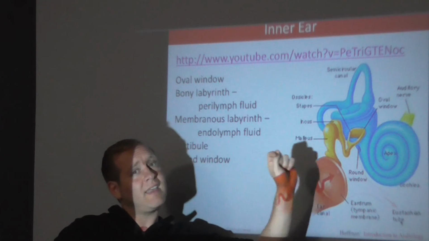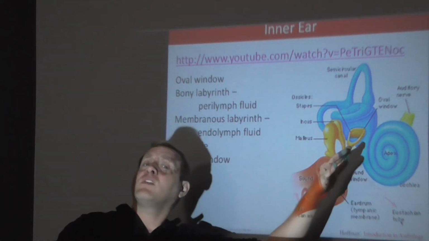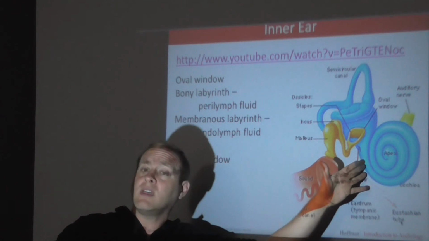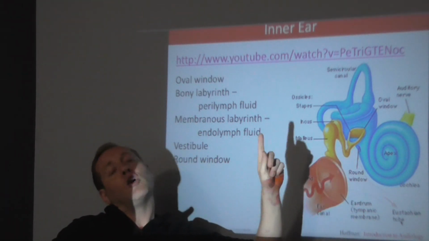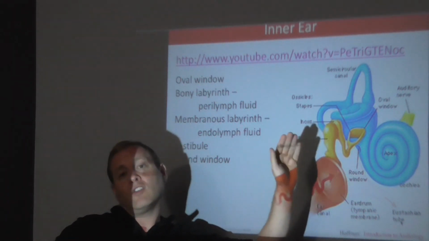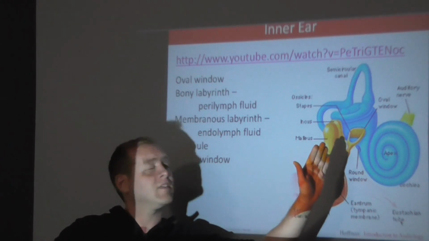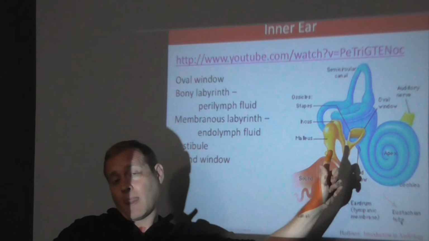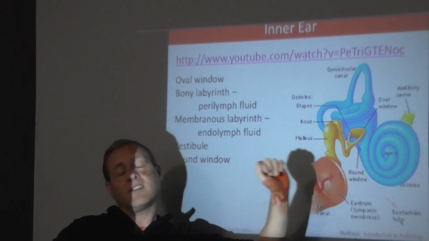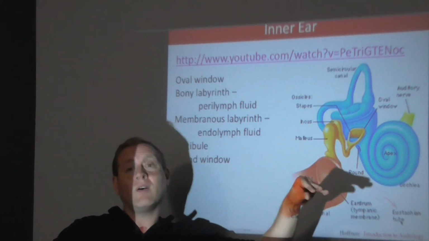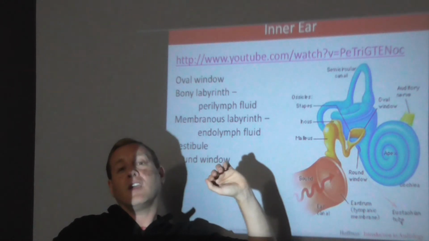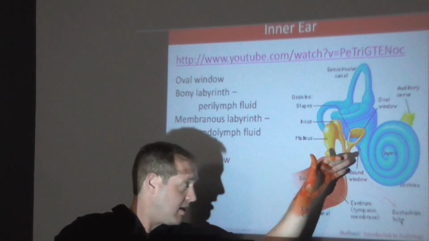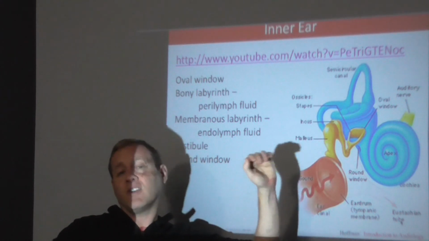So high frequency sound vibrations move the hair cells at the base, or the lower end of the cochlea, and low frequency sounds, slowly vibrating sounds, fire the hair cells at the apex of the cochlea. And that is a very simple version of how we hear low and high sounds, and how the inner ear acts as a filter.